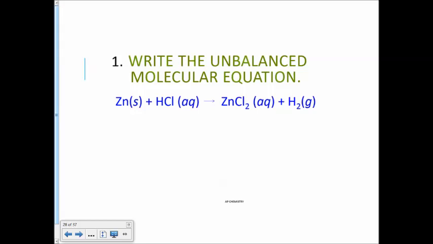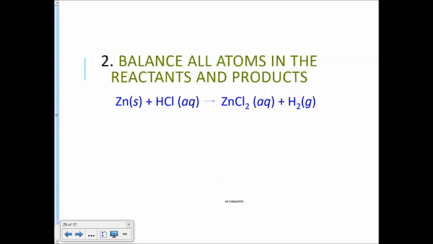So after you write out that lovely, nice, unbalanced molecular equation, you would want to do what to it? Balance it. So then we're going to balance it by adding a 2, like we just did right there, right? Simple enough. However, we can't stop there because now we need to go on to making it turn into a net ionic equation.